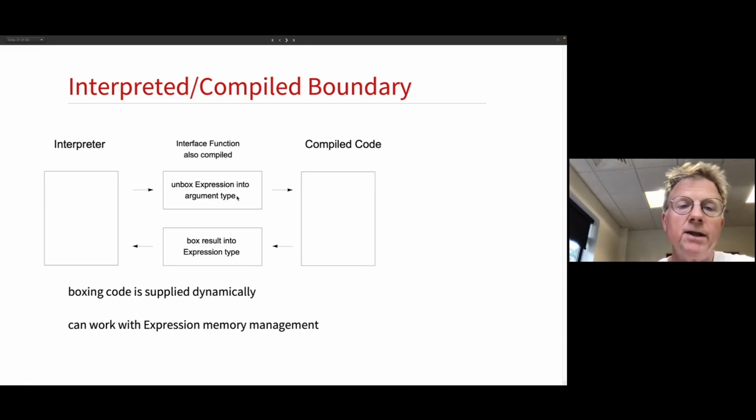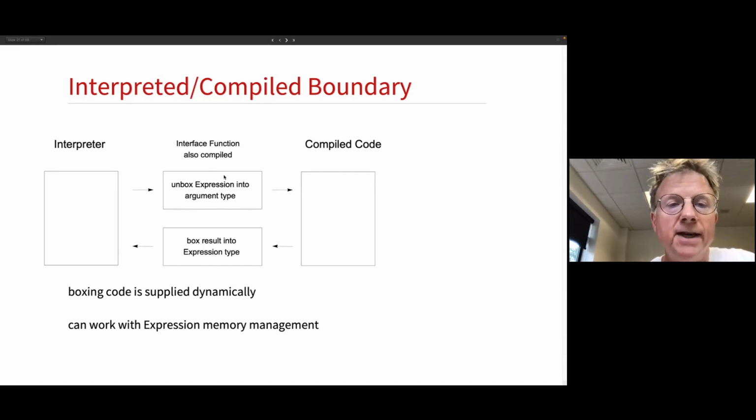The thing I think is quite interesting is this interface layer between the interpreter and the compiled code. We start out with this expression, then we unbox it, reconstituting the expression into the actual native types that the compiler works with. Then we do our compilation, and the process is reversed.